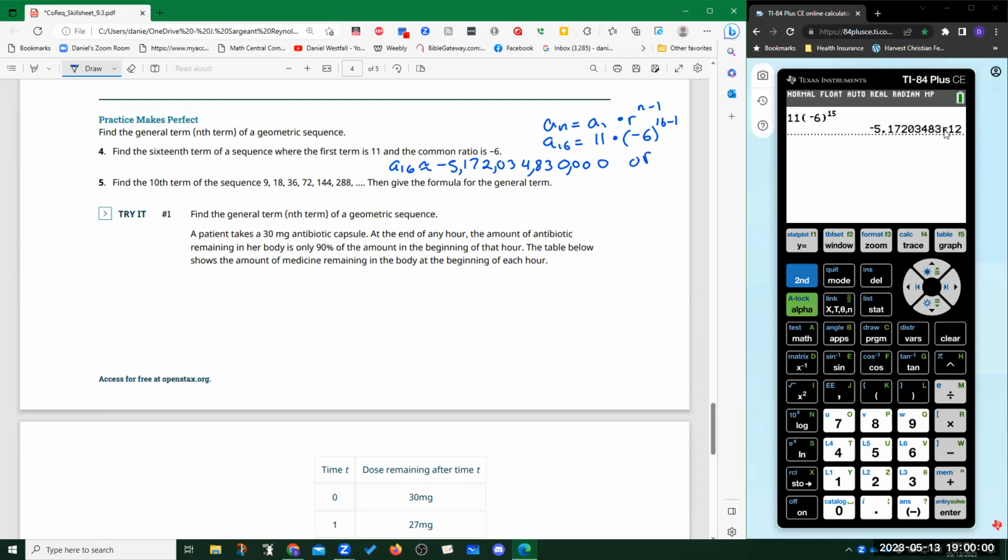Or we could say a_16 is approximately -5.17, wherever your teacher told you to round it to, let's round it to 2 decimal places, times 10 to the 12th power. In scientific notation, it matters how many significant figures your teacher cares about. So there we go.